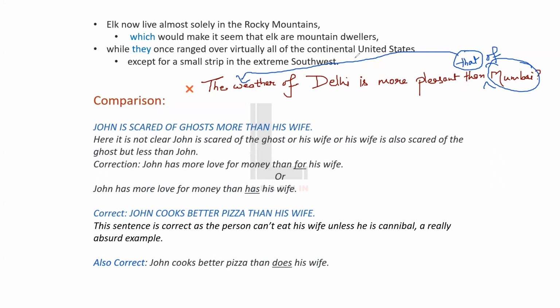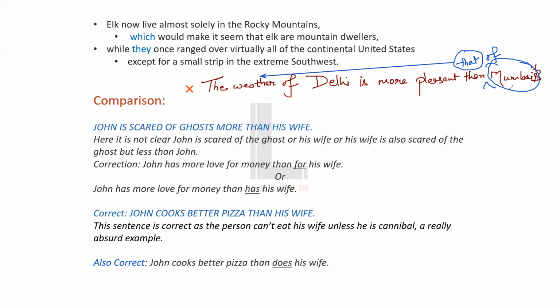I would add another thing, so that we have some beautiful things here. Weather. Mumbai's is correct. Now they would do something like this: that of Mumbai's.